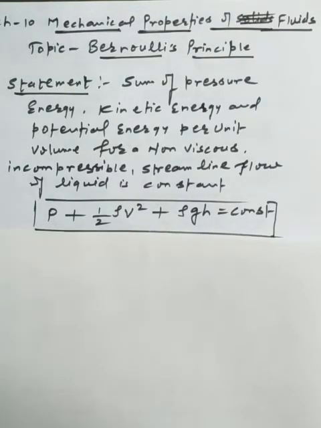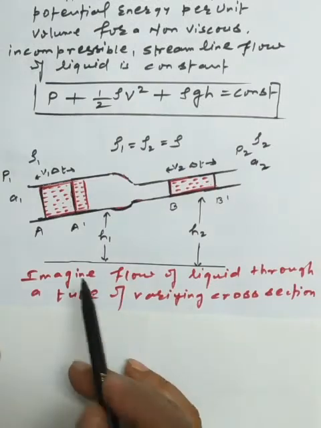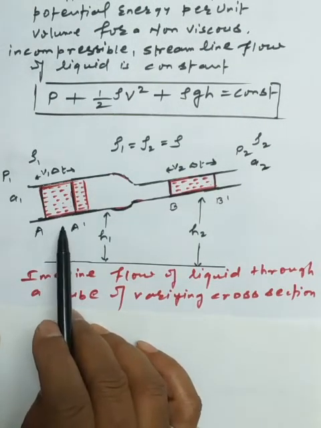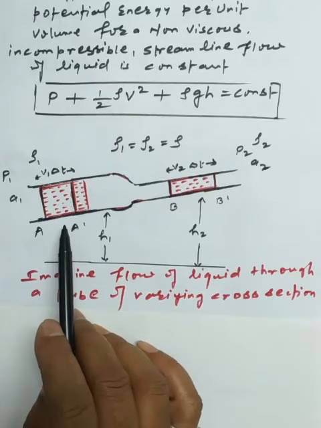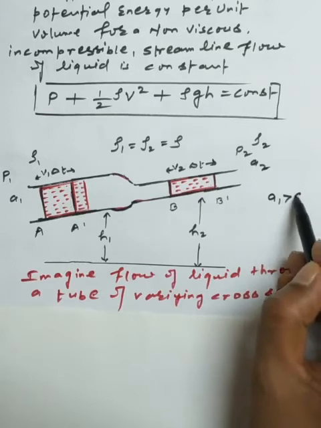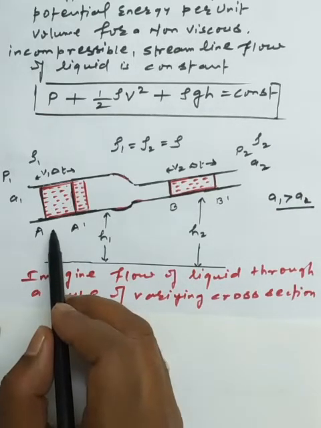And now we are assuming the movement of a liquid through a pipe, so we are applying a diagram here. Here we are imagining a pipe with different cross sectional areas, and we can assume here that a1 is greater than a2, through which the liquid is moving.